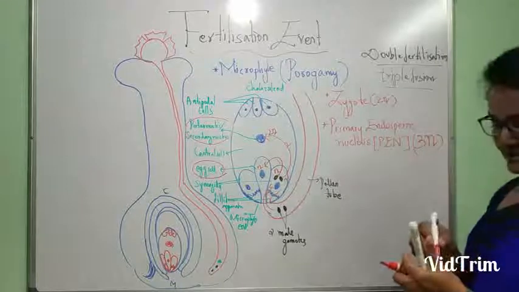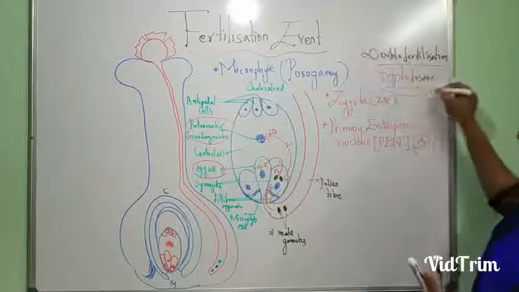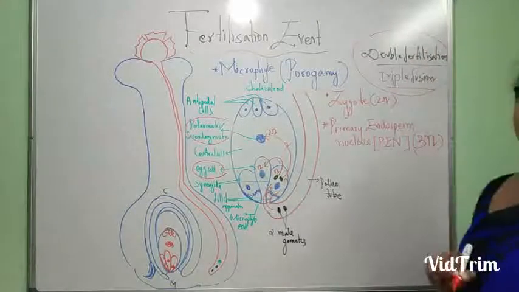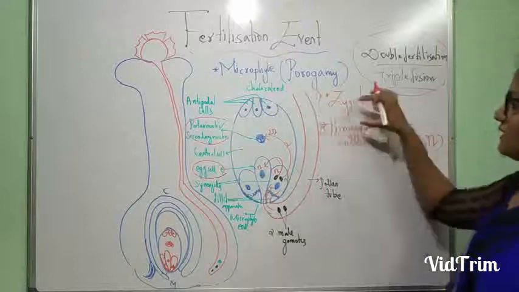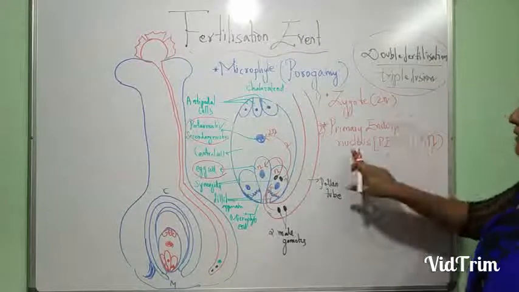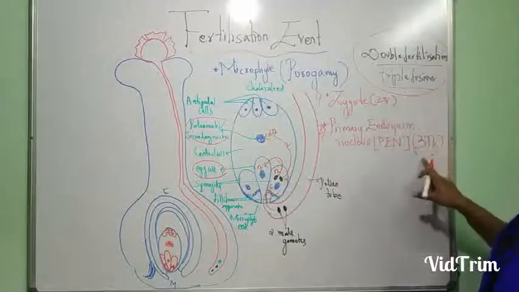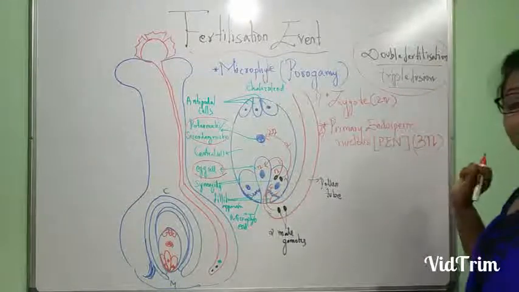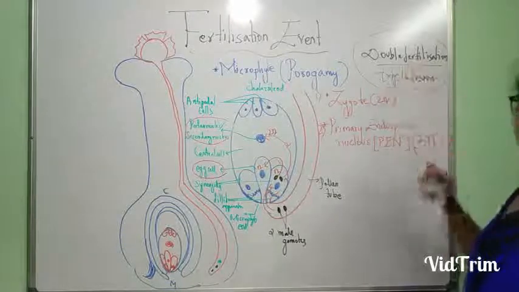So in angiosperms the fertilization is double fertilization and triple fusion. There are two fertilizations, but one of them is triple fusion, with products 2n and 3n.